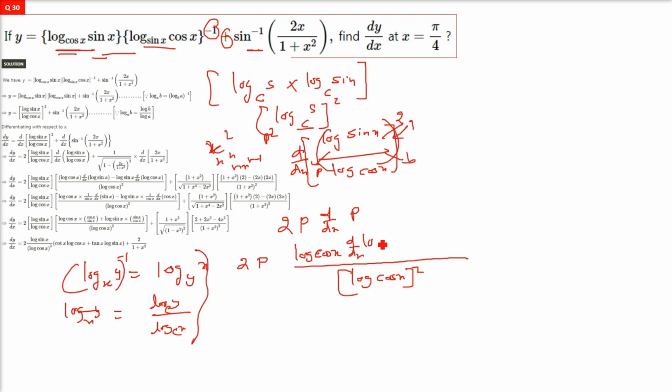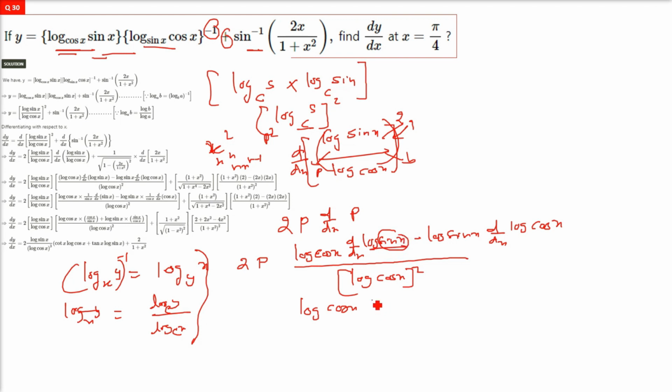log sin x. Then subtraction, minus log sin x and the d by dx of log cos x. Okay. So log cos x will remain like this, and log sin x. Differentiation of log is 1 by that thing.